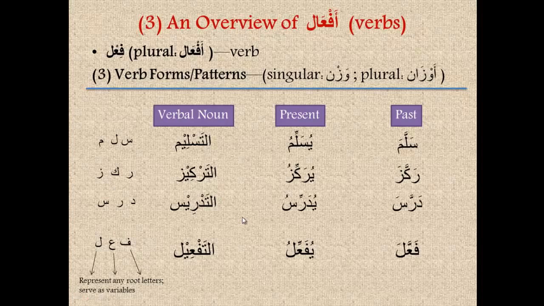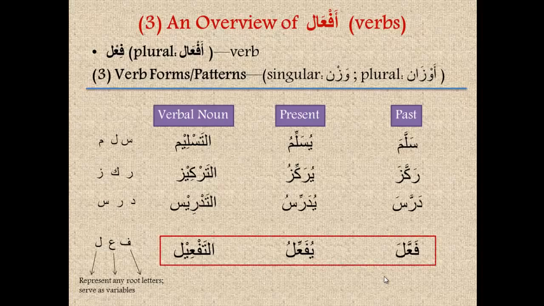They act as variables. This last row down here, فَعَلَ يُفَعِلُ التَّفْعِيل. These three constitute a particular set, and that is what we refer to as the wazn, the verb form. These three constitute a verb form, a verb pattern, a wazn.